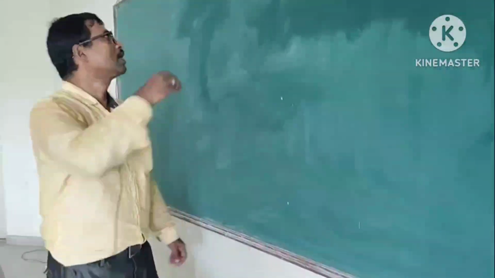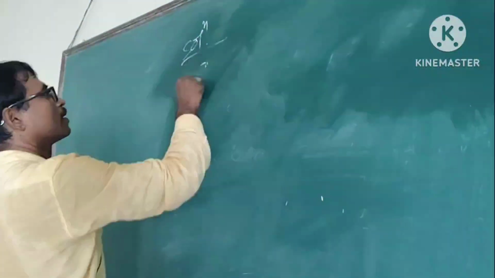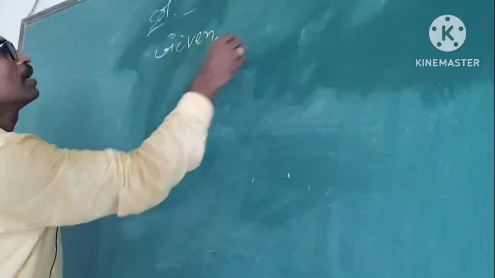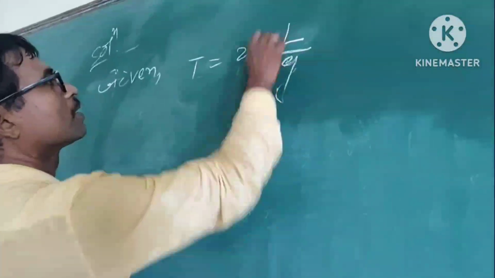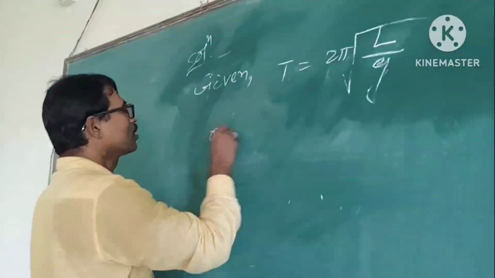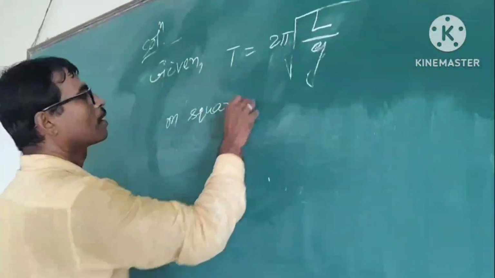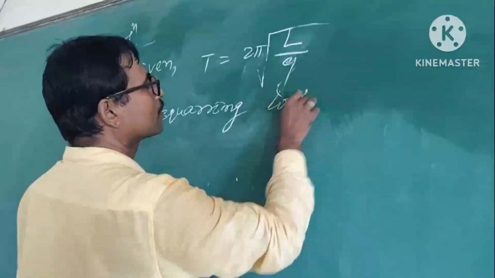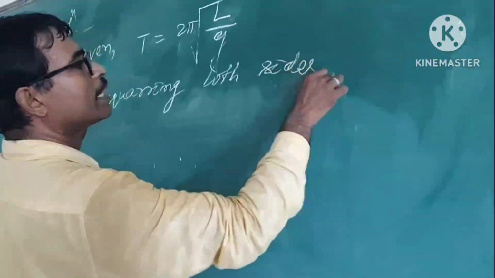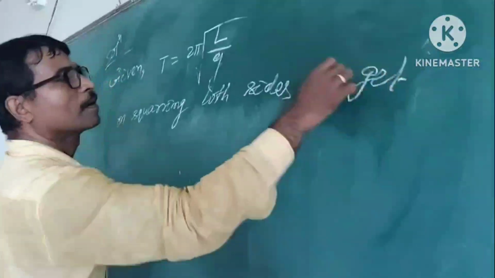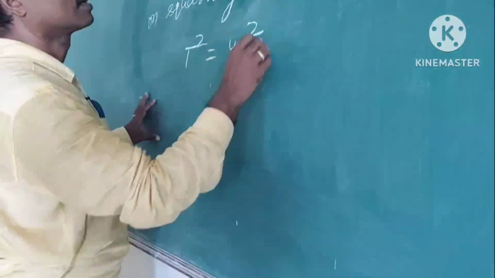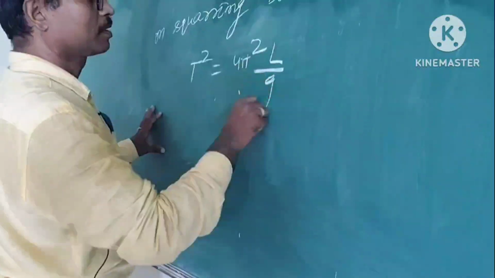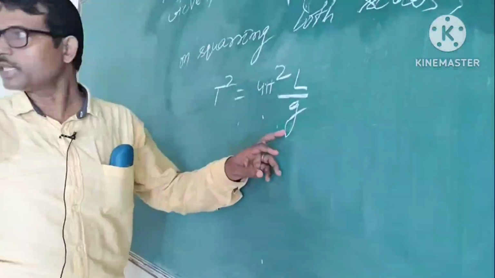Okay, let us start. What is given? Given P is equal to 2 pi square root of L by G. On squaring both sides, we get P square is equal to 4 pi square L by G. We calculate this one.